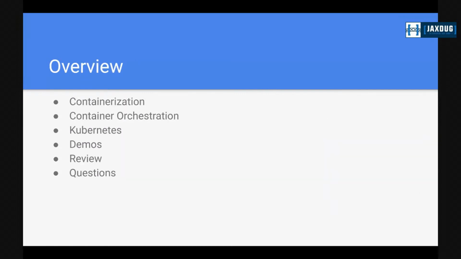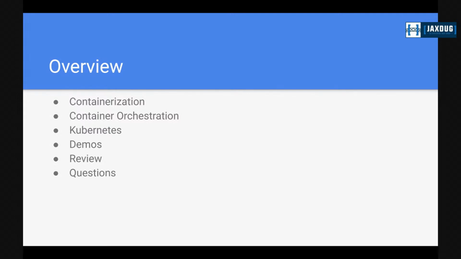Tonight we're going to have an overview of containerization and Kubernetes. We'll go into some details on what containerization is and what it means to containerize your applications, how you can orchestrate those containers and what that means.